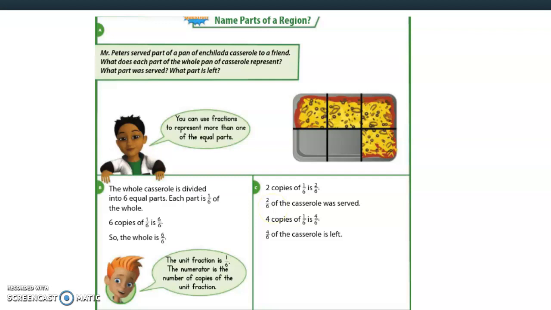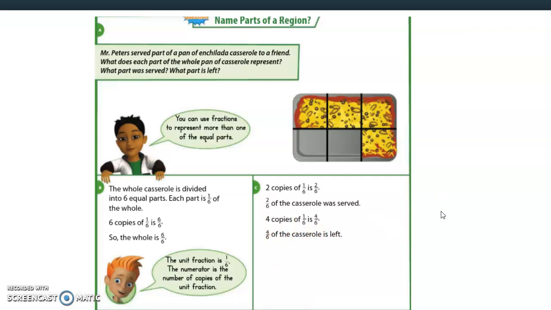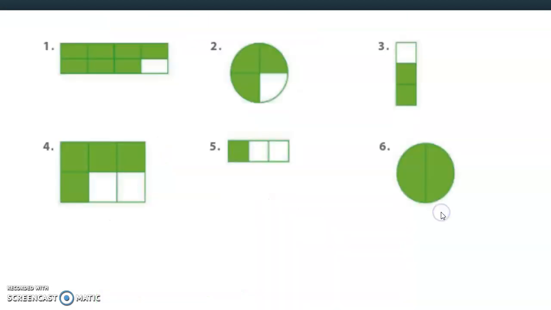There are 4 out of 6, or 4/6 of the casserole is left. So in this one, we're talking about parts of a whole, the whole casserole, and then we have parts after it was cut or divided. Remember, fractions must be cut into equal parts. If the parts are not equal, then it doesn't work.